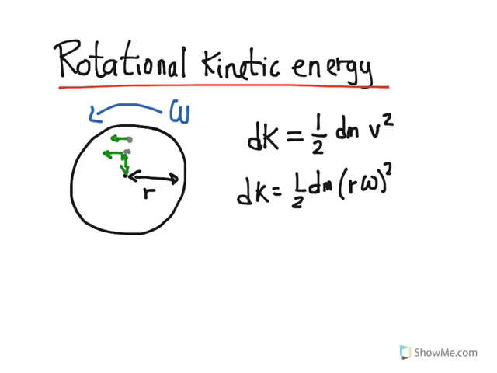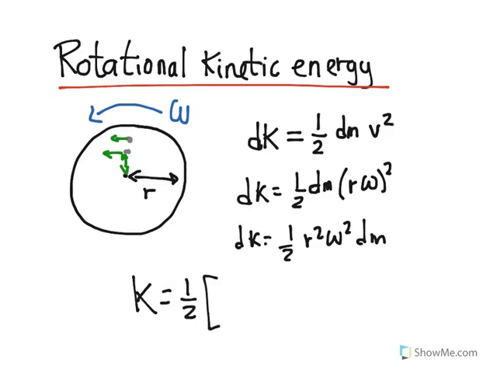We can add all of this up in an integral, such that the kinetic energy of all the elements is 1/2 of the integral, or the sum of each contribution, of r squared dm times omega squared.